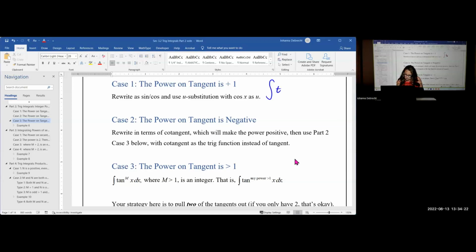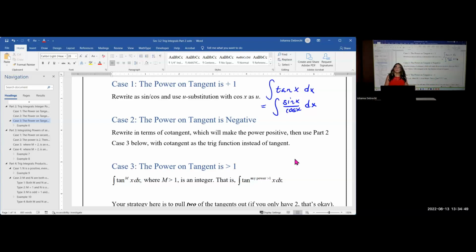I'm talking about the integral of tangent of x dx, which we can rewrite as the integral of sine of x divided by cosine of x with the differential dx. Now, you should already know how to do this one, but in case you've forgotten, this is a basic U substitution. U becomes the denominator, which is cosine of x, and du is negative sine x dx.